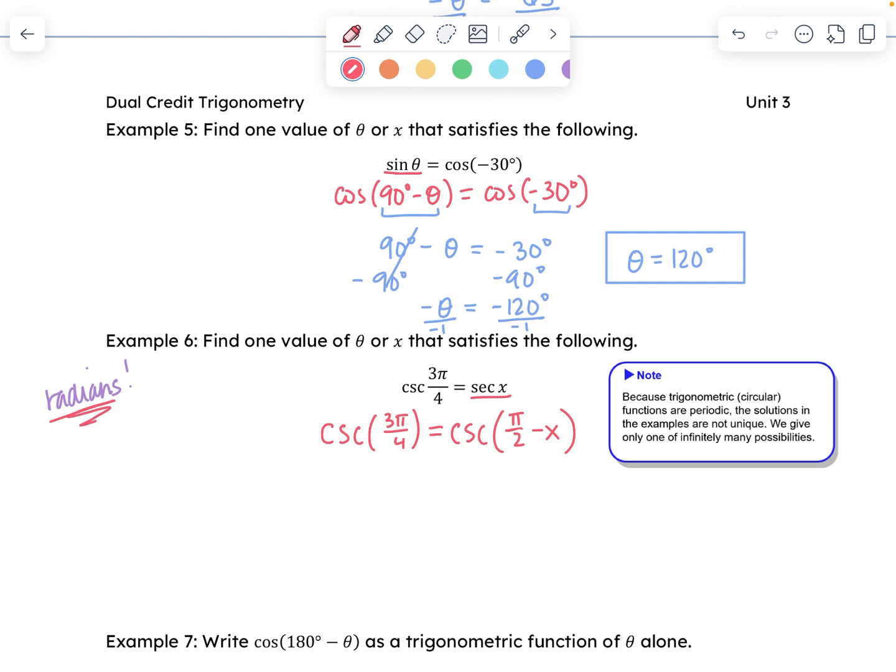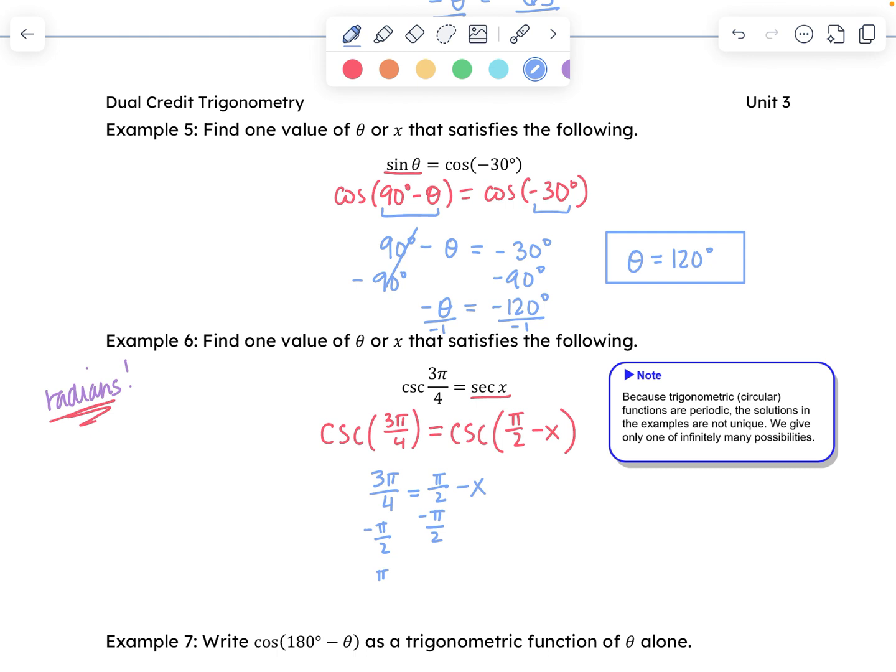Same idea as what we were doing with example 4 and example 5. I can just look at the inside of the cosecants. So 3 pi over 4 has to equal pi over 2 minus x. I'm going to subtract pi over 2 from both sides. I have 3 pi over 4 minus pi over 2.